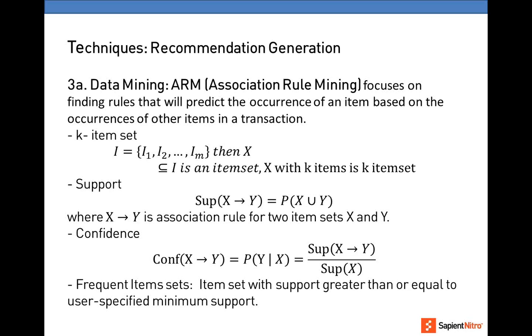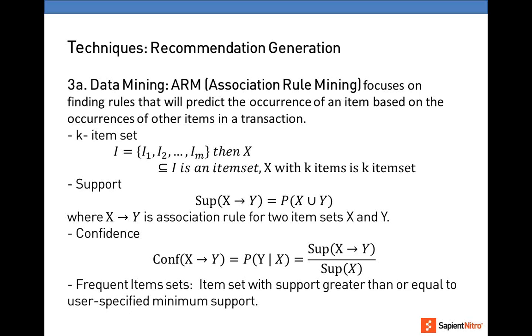The second term that I would like to introduce here is confidence. Confidence is the conditional probability of Y occurring, given the condition that X is also occurring. So it is the probability of X and Y occurring together over the probability of only X, all the X's that occurred in the transaction set. Then we calculate the frequent item sets.